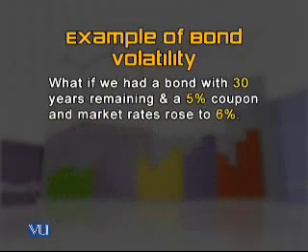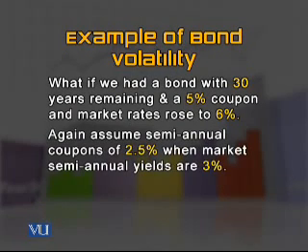So what if we had a bond with 30 years remaining and a 5% coupon and market rates rising to 6%? क्या होगा? Again, assume semi-annual coupon rates of 2.5%. 5% का कूपन रेट है तो सेमी एनुअल यील्ड्स में वो 2.5% आपको मिलेगा, 2 दफा मिलेगा, बात वहीं आ जाएगी. तो again assume while thinking about this 30-year bond with a 5% coupon in a market rising to 6%, assume semi-annual coupons of 2.5% when a market semi-annual yield is 3%.